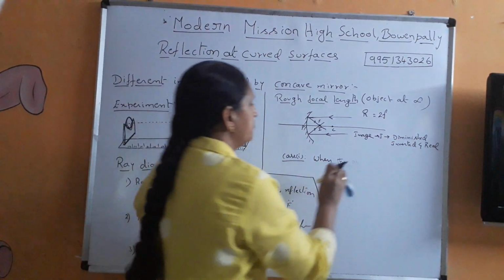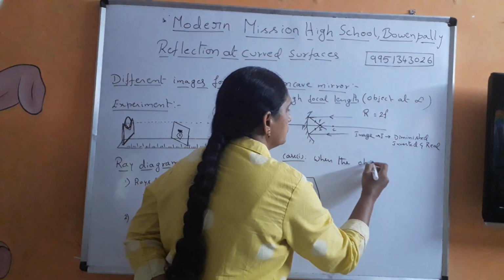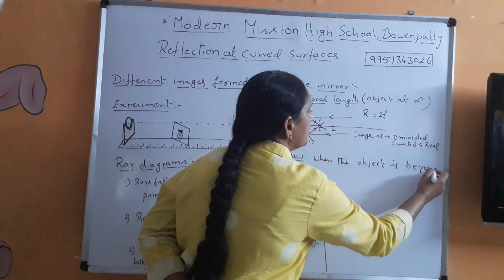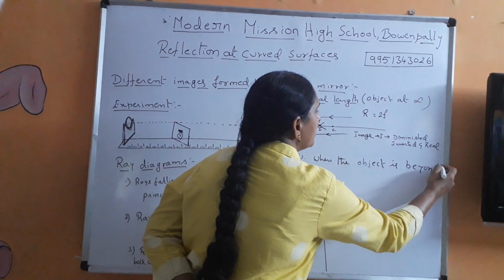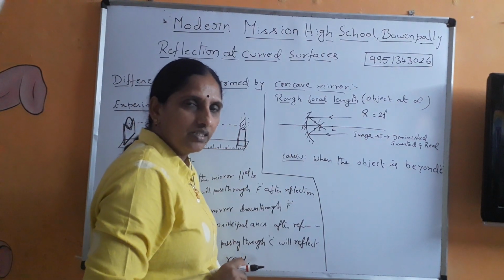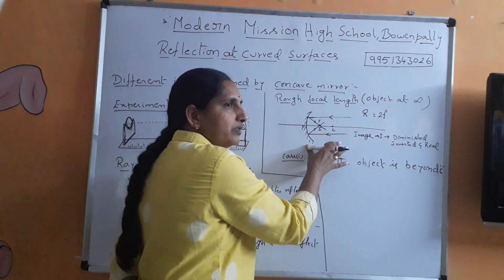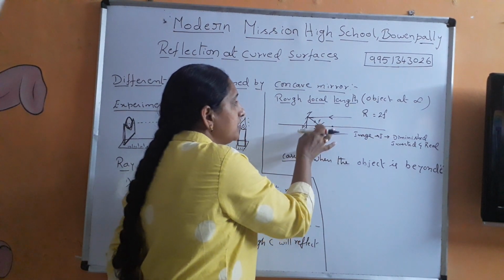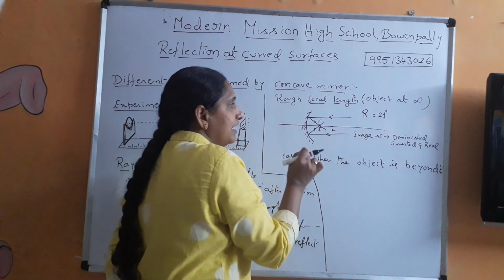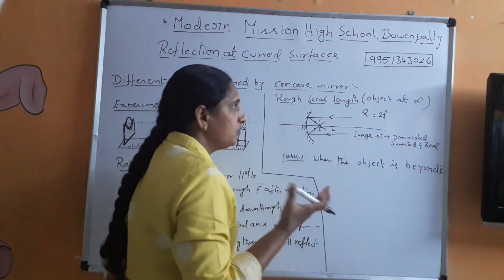Now we will see the case when the object is beyond C, C being the center of curvature. However many times you repeat, with whatever mirrors, you can see that this focus, the point of convergence, always lies exactly at the midpoint between P and C. What does it mean?